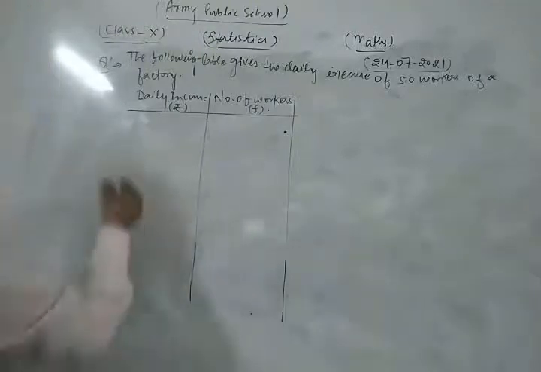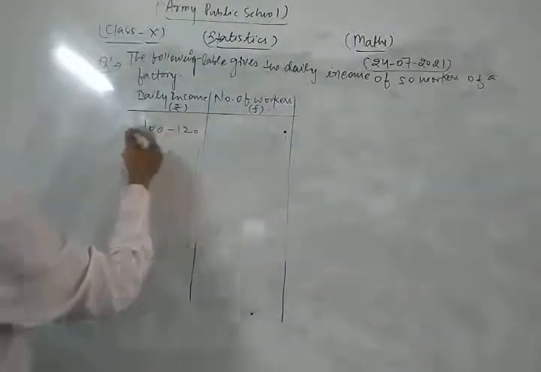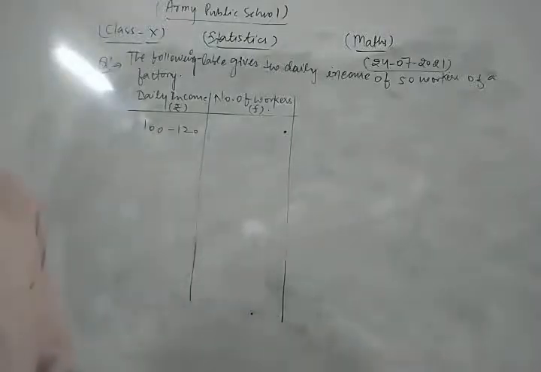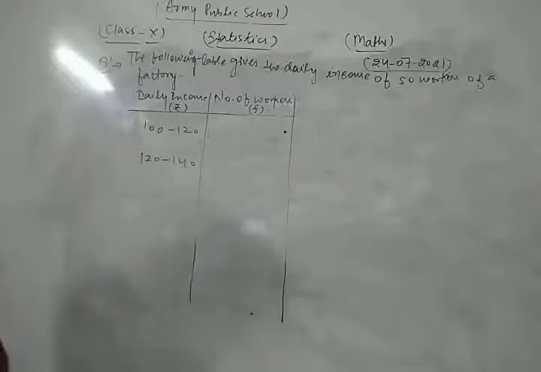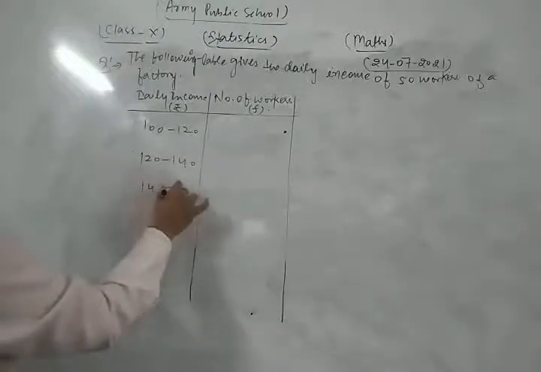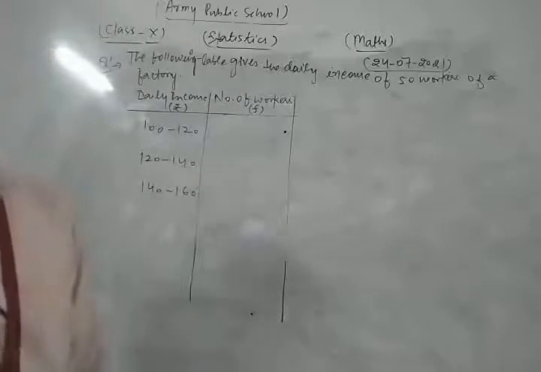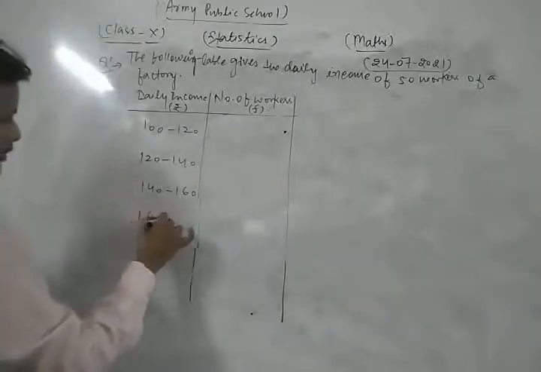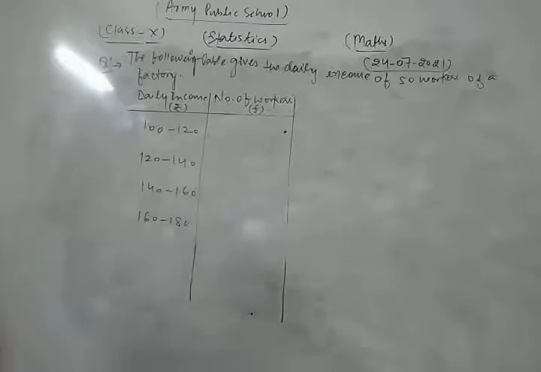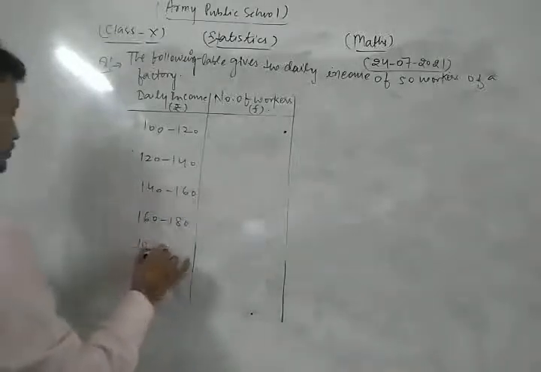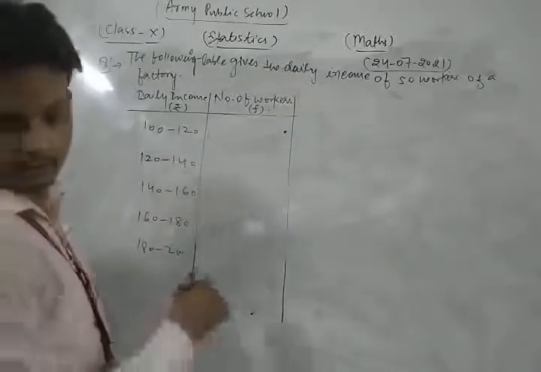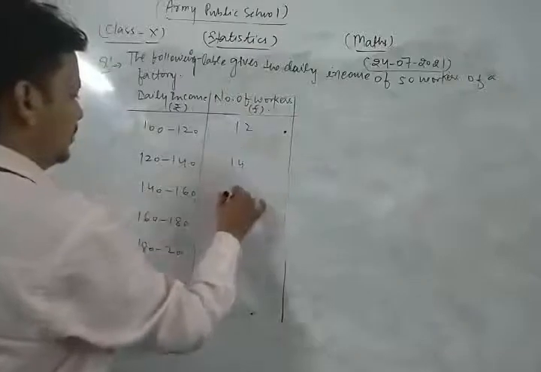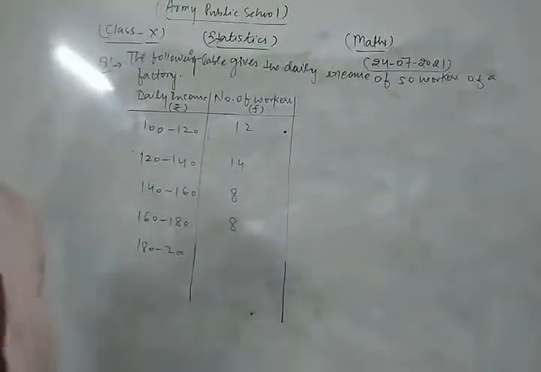Here 100 to 120, this is the class interval. 100 to 120, 120 to 140, 140 to 160, 160 to 180 and 180 to 200, and the number of workers are 12, 14, 8, 6, 10.